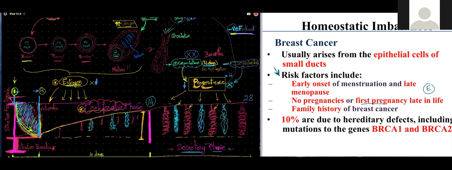And the placenta is going to be producing a similar hormone, similar to the progesterone. So during this time, I have a break for 9 months from high estrogen levels. So having first pregnancy late in life or no pregnancy at all puts a female at a greater risk of developing a breast carcinoma.